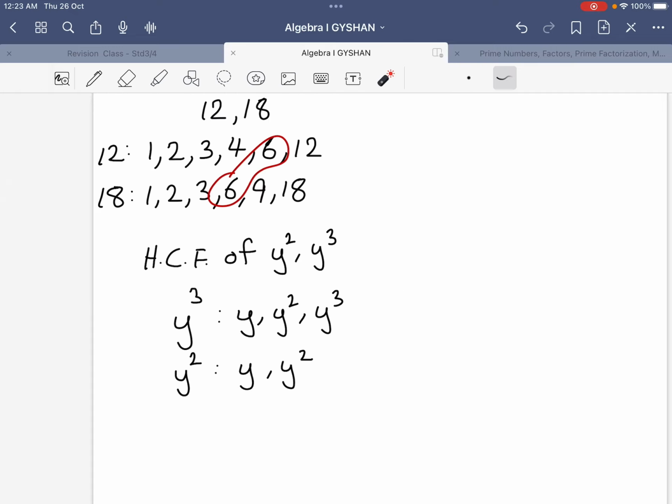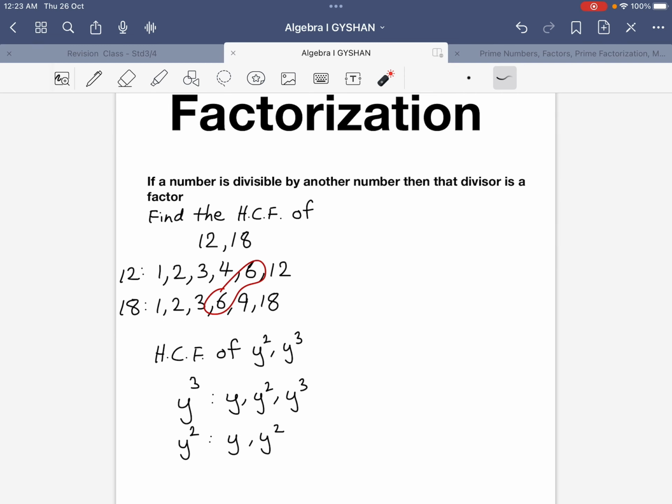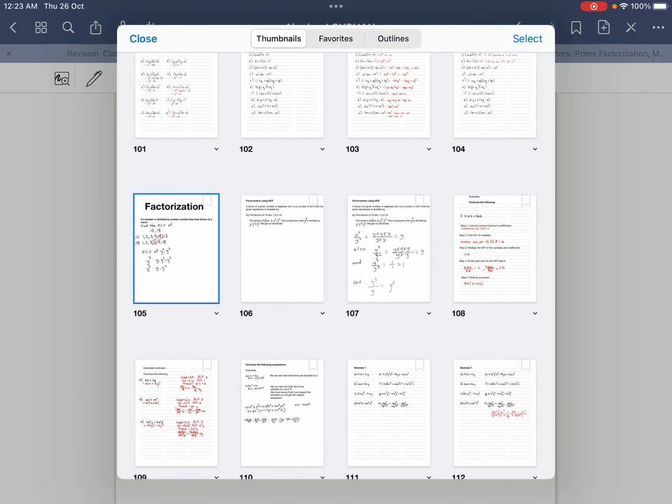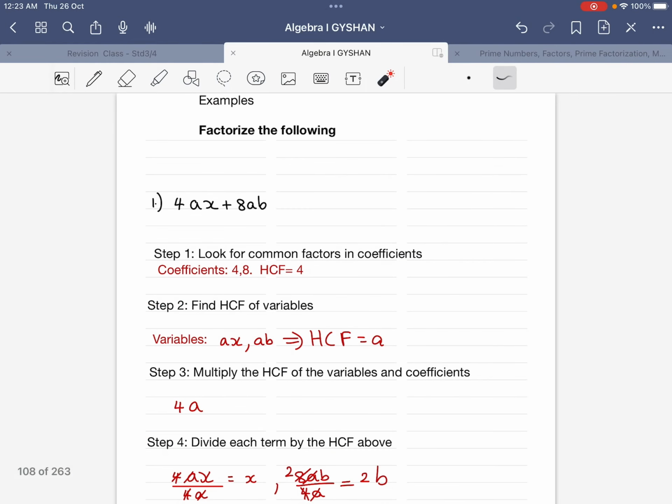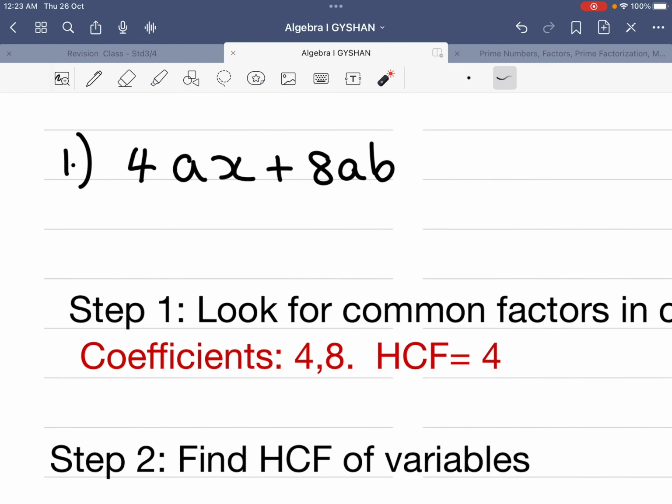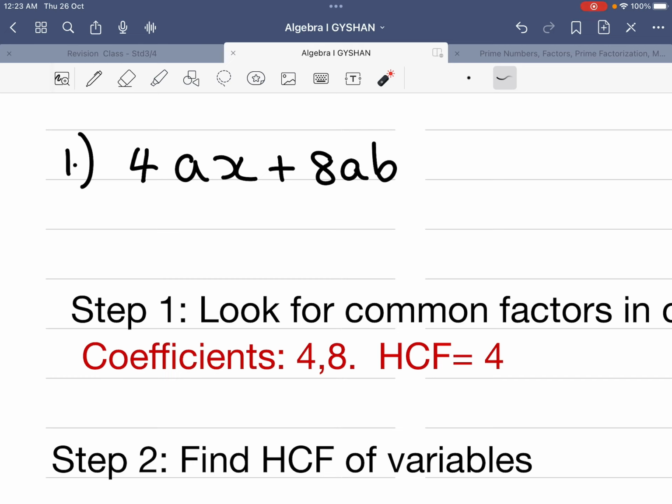Right, so now that we understand this a little bit better, this was mostly revision. Now we can go ahead to an example. So let's take a look at example 1. We can do these questions in 2 parts. We can look at the whole numbers, find the factor for the whole numbers, and then find the factor for the letters.